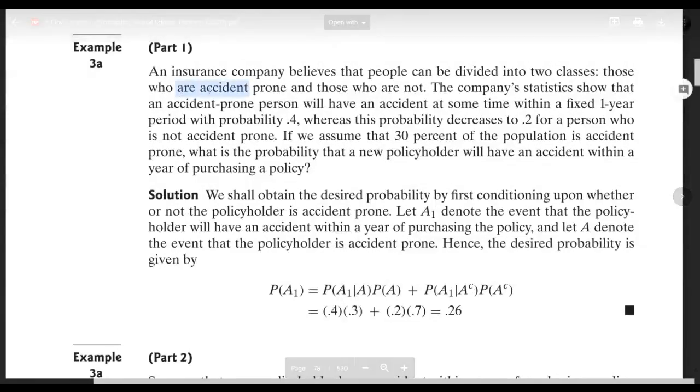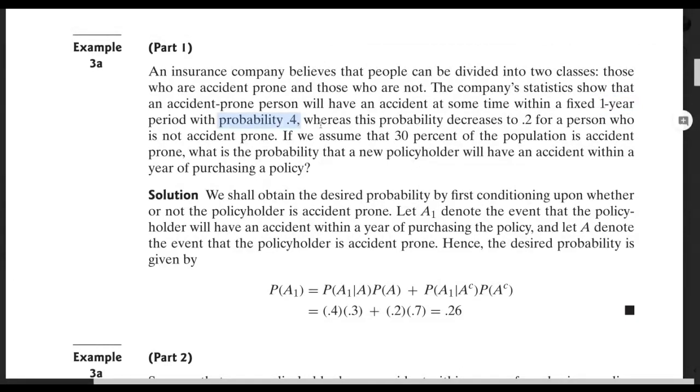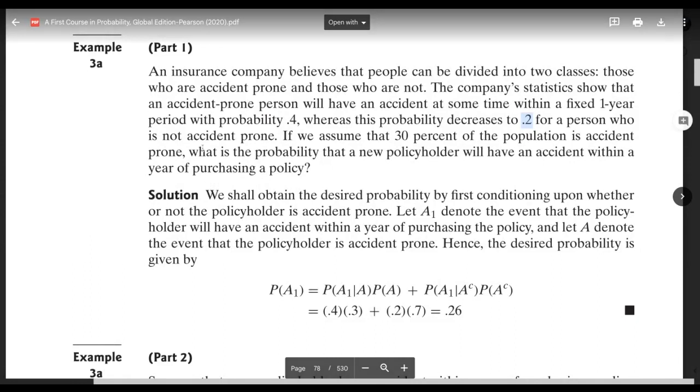An insurance company believes that people can be divided into two classes, those who are accident prone and those who are not. The company's statistics show that an accident prone person will have an accident at some time within a fixed 1 year period with probability of 0.4, whereas this probability decreases to 0.2 for a person who is not accident prone.